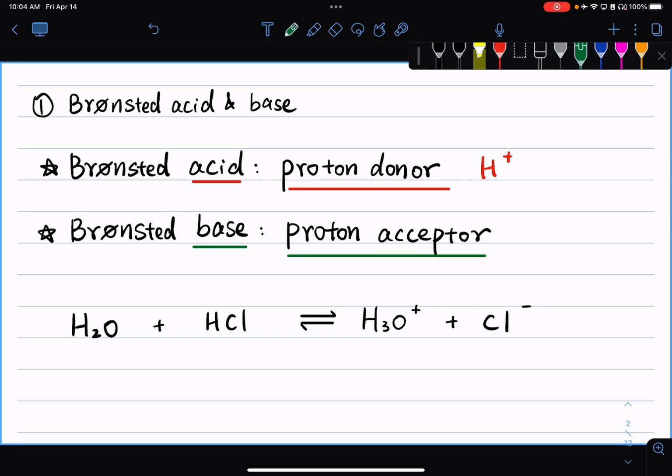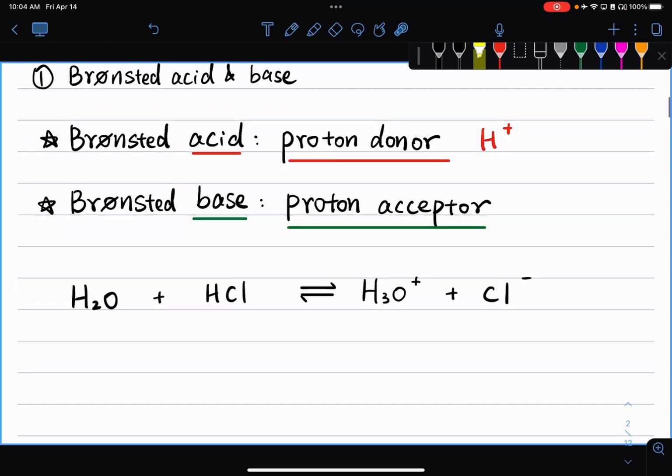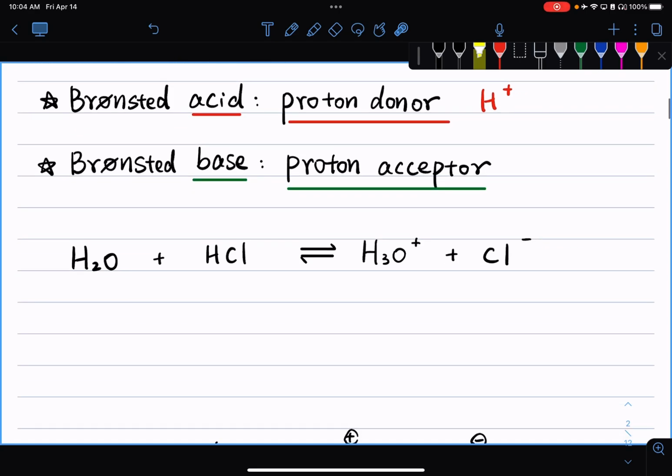So a typical acid-base reaction following the Bronsted definition of acid-base is, say, now we have HCl. We put HCl into water. And what we get is H3O plus and chlorine minus. So that's the same type of arrow pushing we were doing. We're breaking the HCl bond. We're transferring the proton from the HCl into my water.